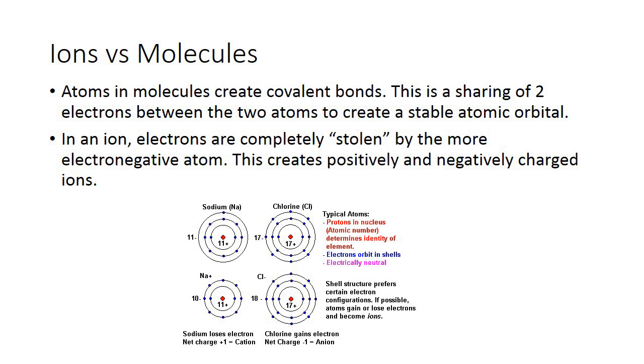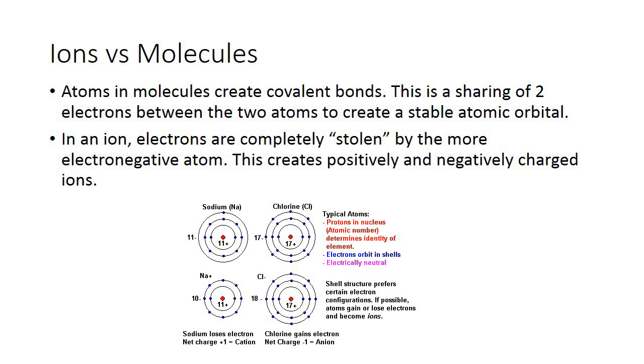So, a lot of what we've been talking about so far is molecules, but there's also ions. Ions are what happens when an atom is so electronegative that it completely steals an electron from another atom. You can also steal more than one.